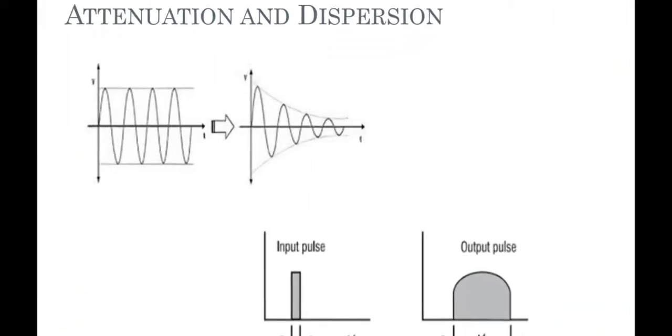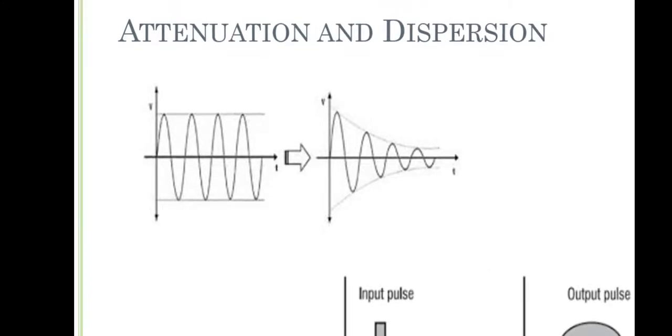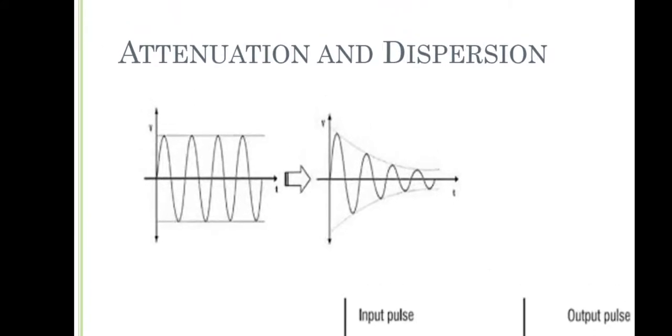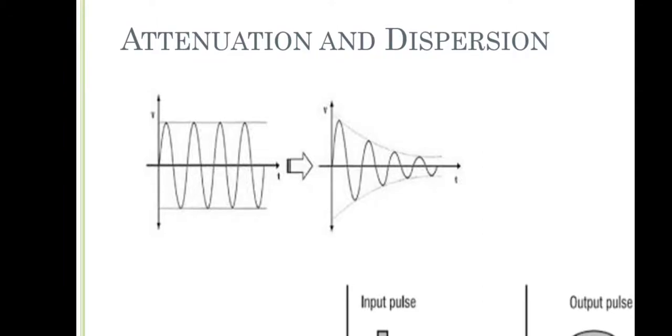Attenuation means, see the diagram, the left hand side sinusoidal waveform represents the input signal, and the right hand modified sinusoidal signal represents our output signal. Attenuation means there is a reduction in the amplitude of the electrical signal, that is, the magnitude gets reduced compared to the input.